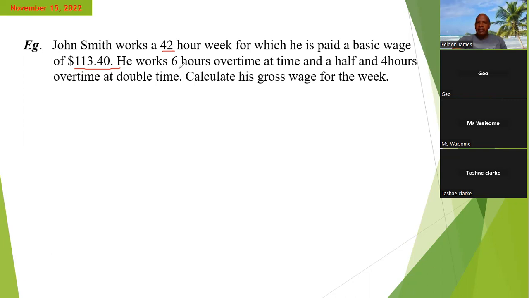Then you would times the hourly rate by time and a half, and that would be the rate for the 6 hours. You would multiply that overtime rate by the 6 hours.